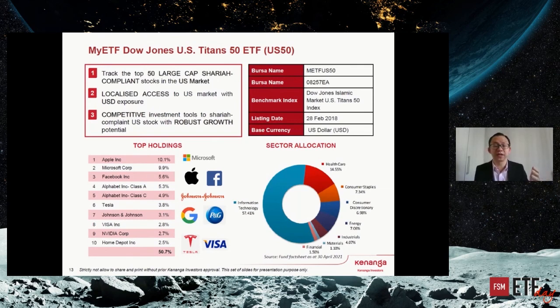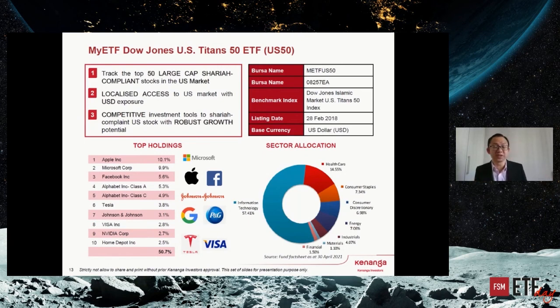The index will automatically include all the new economy companies, like Tesla. And maybe if cryptocurrency or Bitcoin continues to be hot, one year down the road, when there is a good company that has exposure to all this, you will see it here.